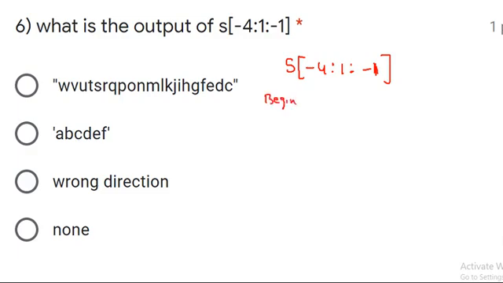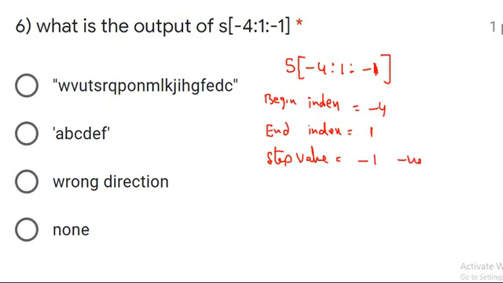Your begin index is equal to minus 4. What is your end index? End index is equal to 1. What is your step value? Your step value is minus 1. That means negative, that means backward direction.